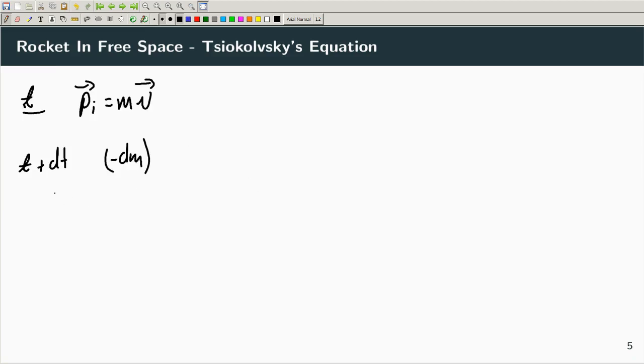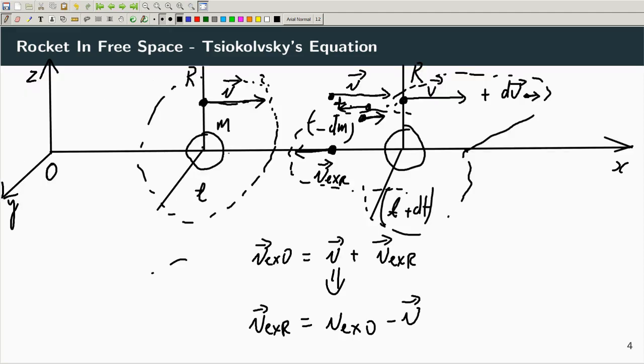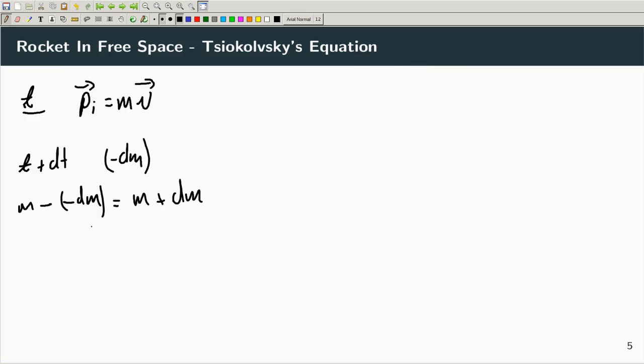So this means the rocket has a decreased mass, its initial mass take away the small mass dm. So we can write this as m plus dm.